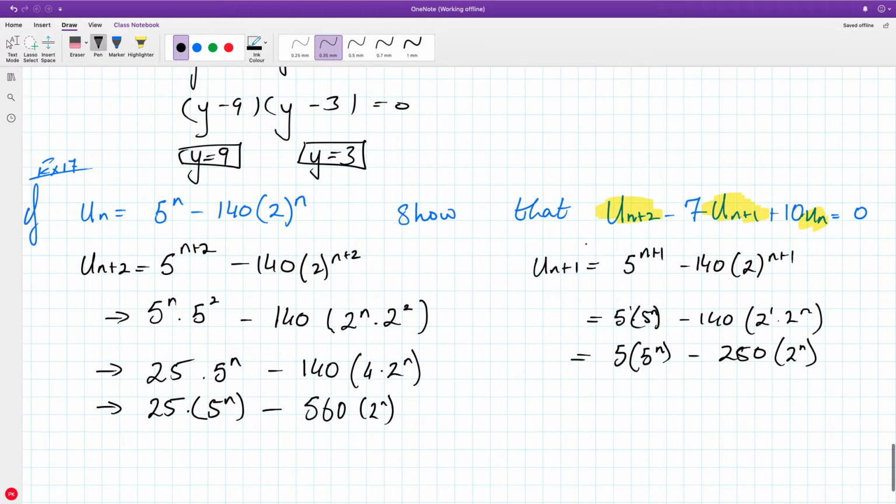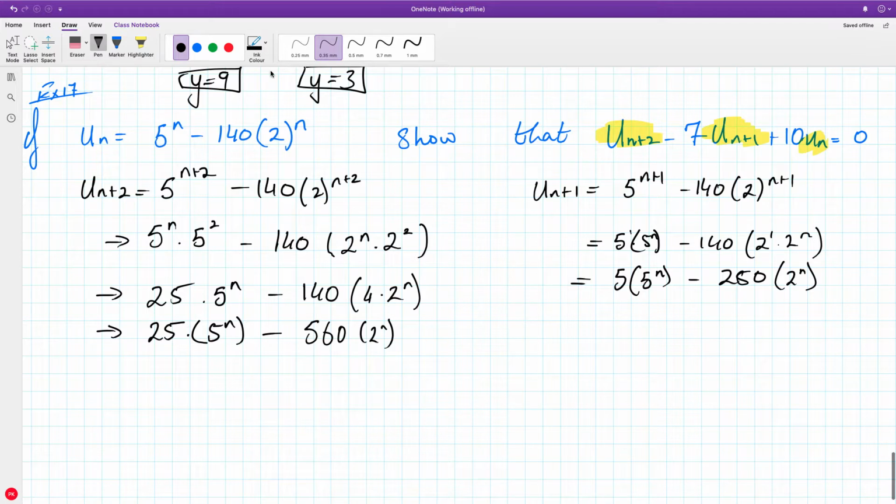Right. We then got to put it into our equation. So our equation was, they want us to show that u to the power of n plus 2 minus 7 times u to the power of n plus 1 plus 10 times u to the power of n is equal to 0.